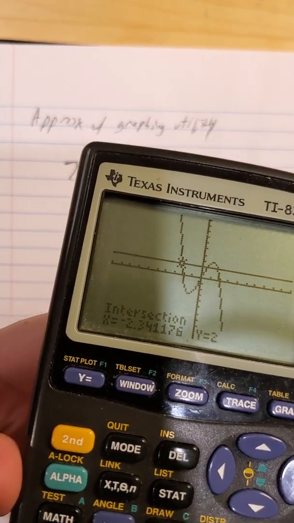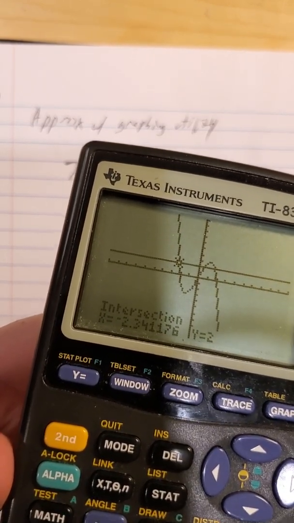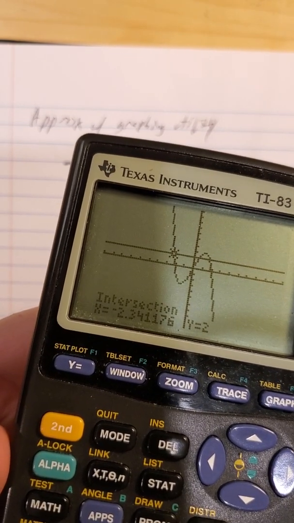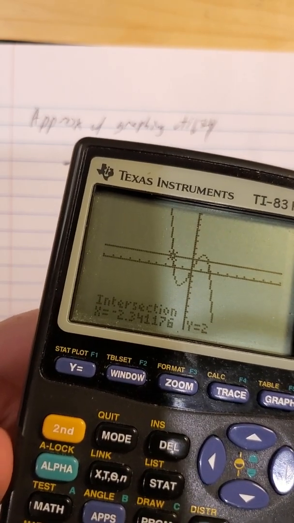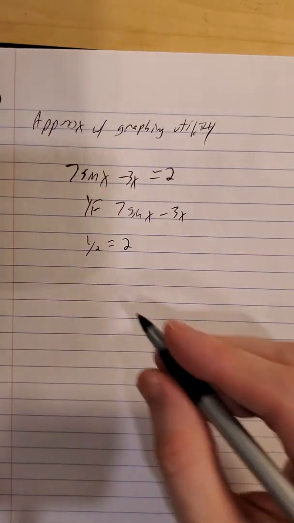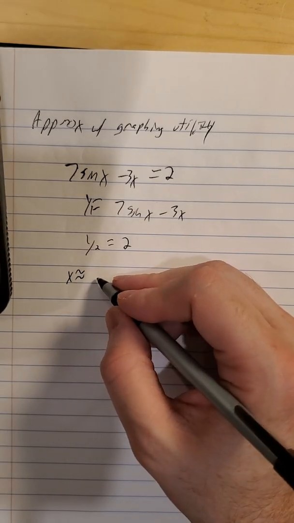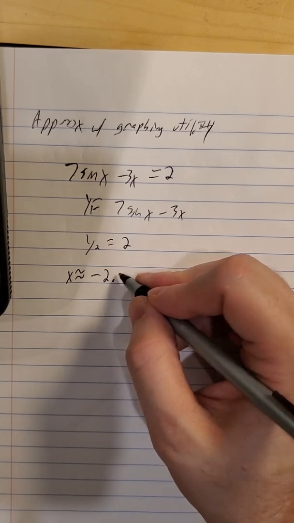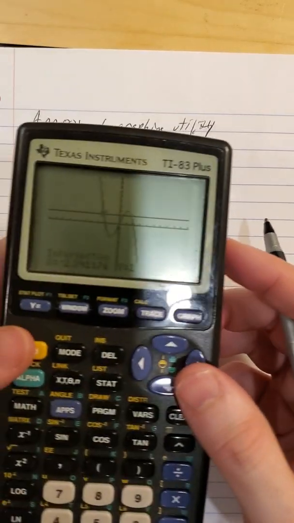We're not interested in the y value for 2 reasons. One of our equations is y equals 2, but another reason is if you look at the original equation, there were no y's in there. We artificially put them where we didn't really have any before. So we're only interested in the x approximations here. So negative 2.341, so negative 2.34. Do the same thing on the next two.